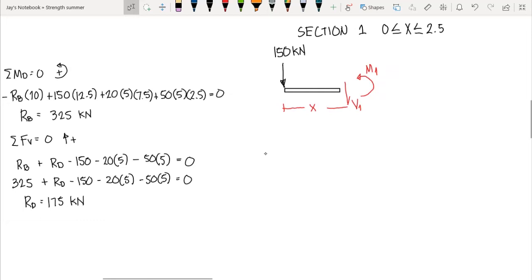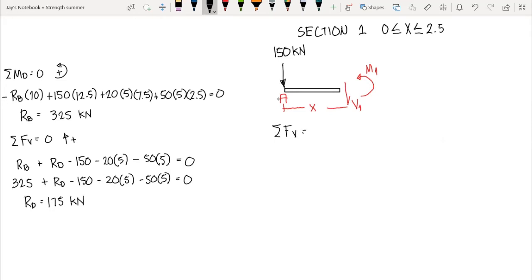Now in section 1, we have our 150 kilonewton that is included, and we have the internal shear acting downward and the internal moment, and our section 1 here has an X distance from our point A. So this is point A. So we have here the summation of forces vertical.